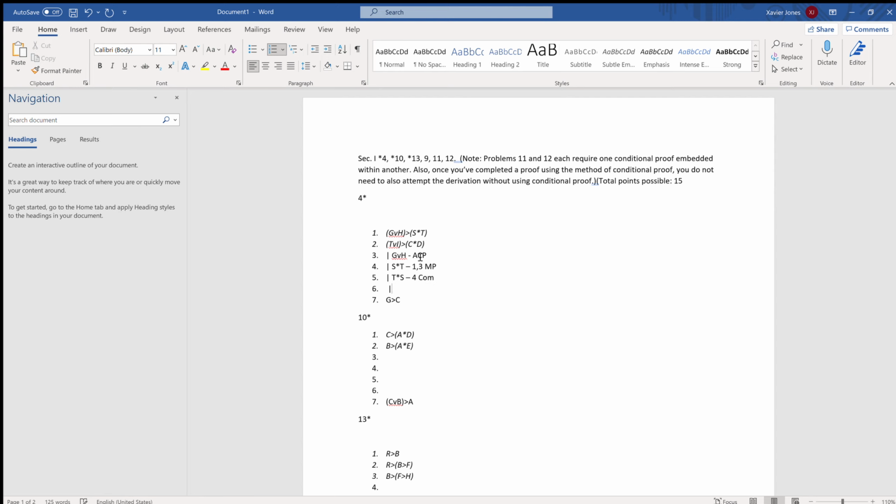Then we simplify, line 5, simplify. Then we do addition and give us T or I, which is line 6 addition.